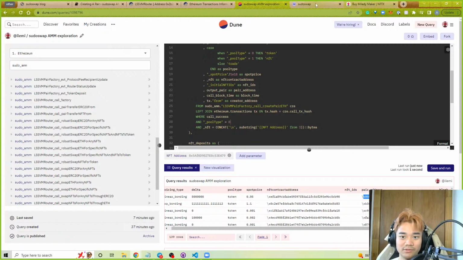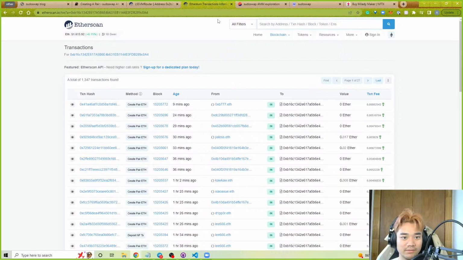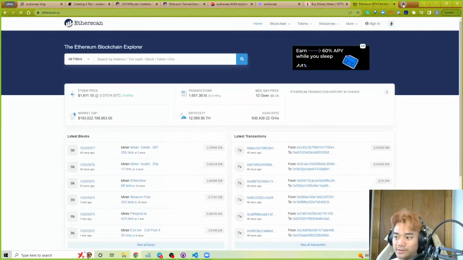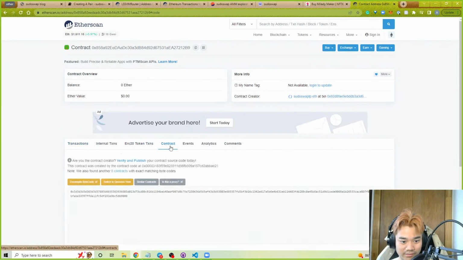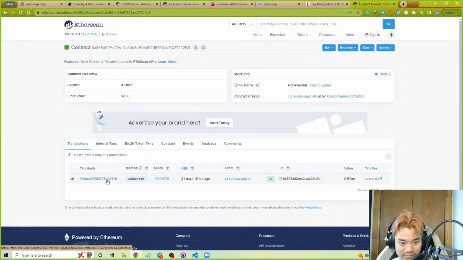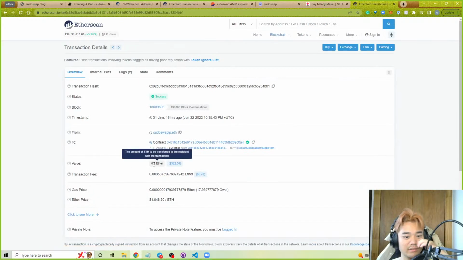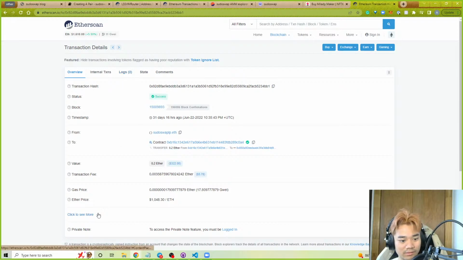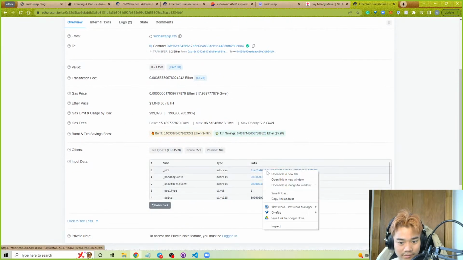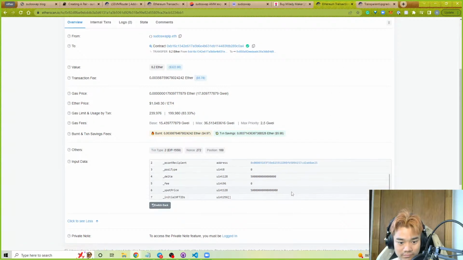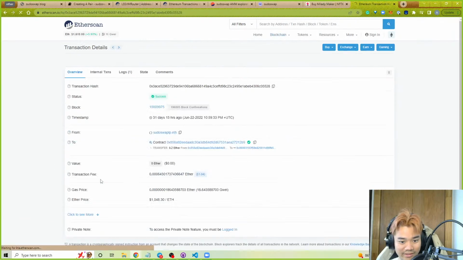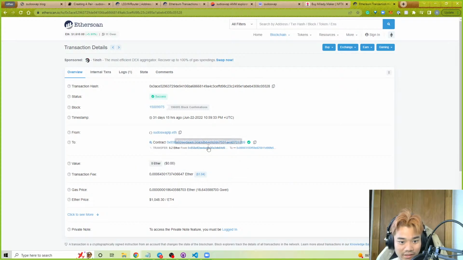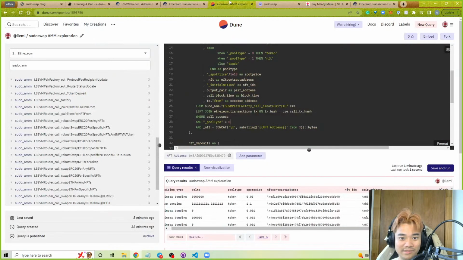So here's a pool that's just token, which means they put in ETH to create this pool. But then it looks like they immediately withdrew it. No, they withdrew. Oh yeah, they withdrew the ETH. So this was just a test.